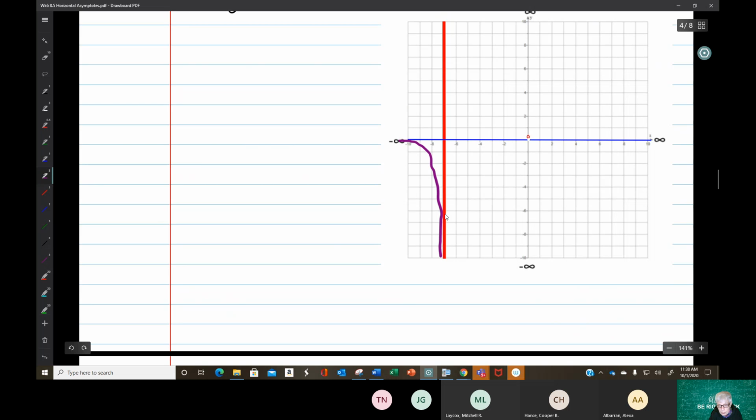Not touching, that's an illusion. And there's our graph. Probably should be down more. Should have found maybe a point in here, but I didn't.